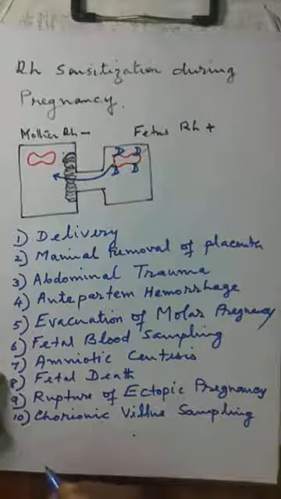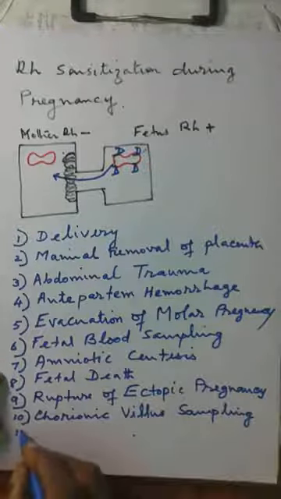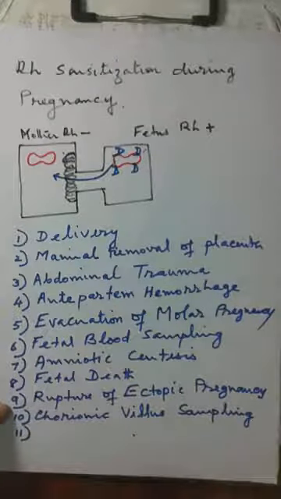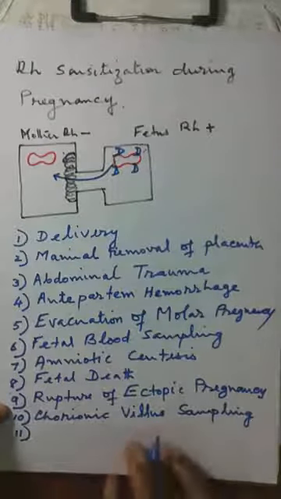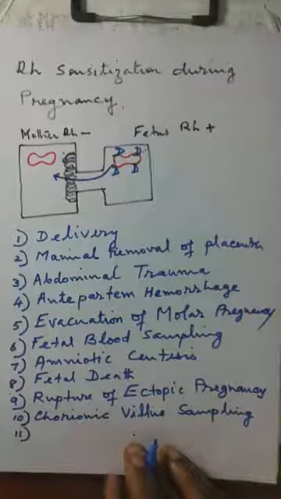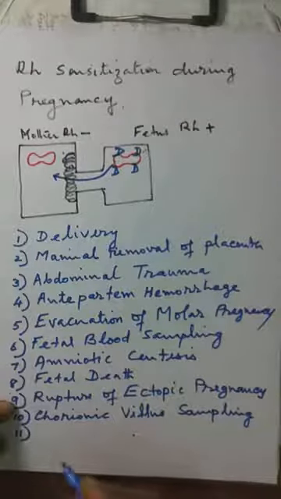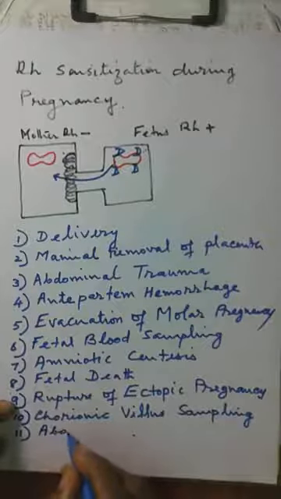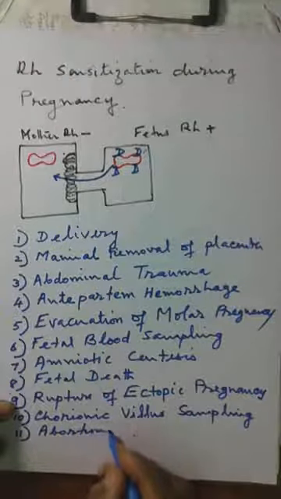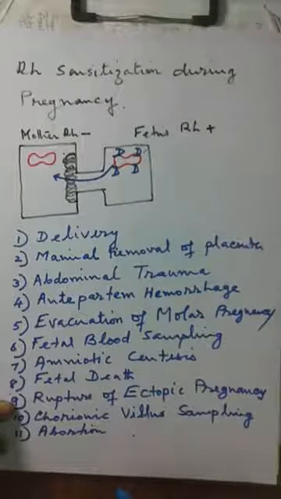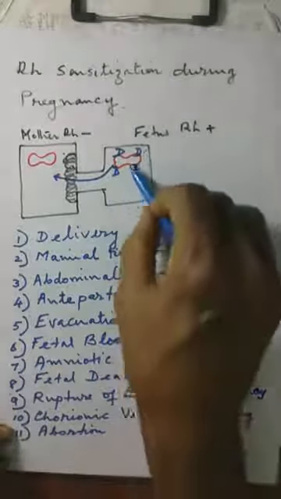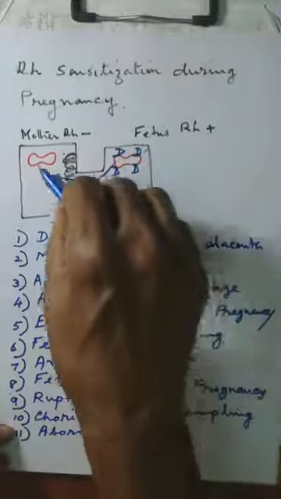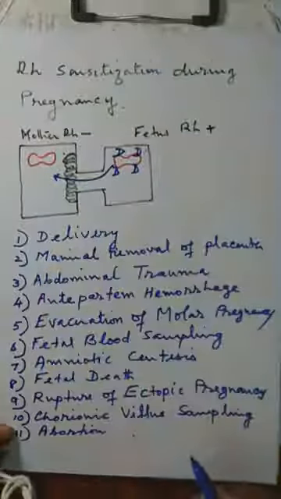Then next is the normal abortion, that is spontaneous abortion. When an abortion happens, there is a chance for these red blood cells to come into the mother's blood.